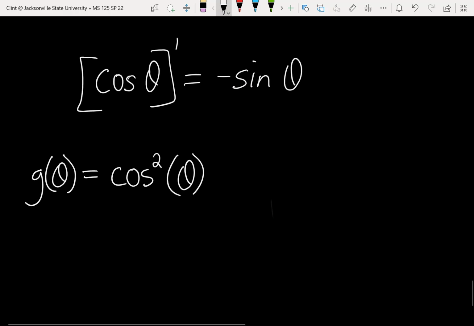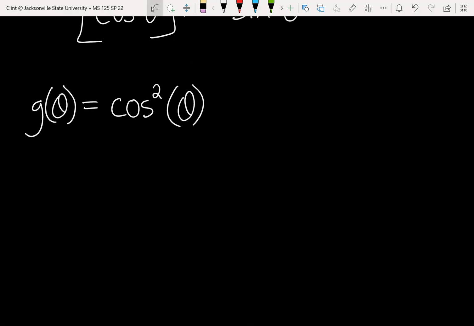Yeah, because that one's confusing because of the crappy notation, in my opinion. Okay. So to do chain rule, when you've got a trig function raised to a power, to me, it's really helpful to rewrite it and write it as what it means, not what the notation says. So this means cosine of theta, squared.